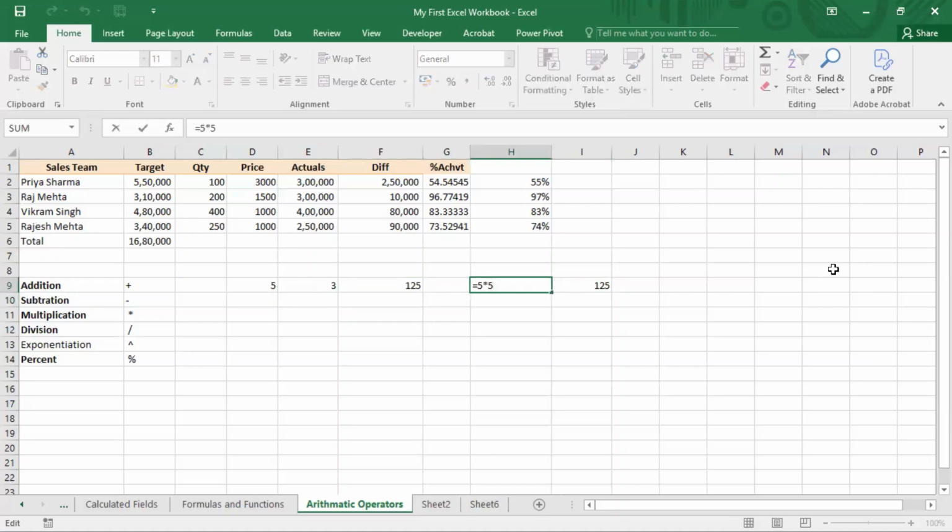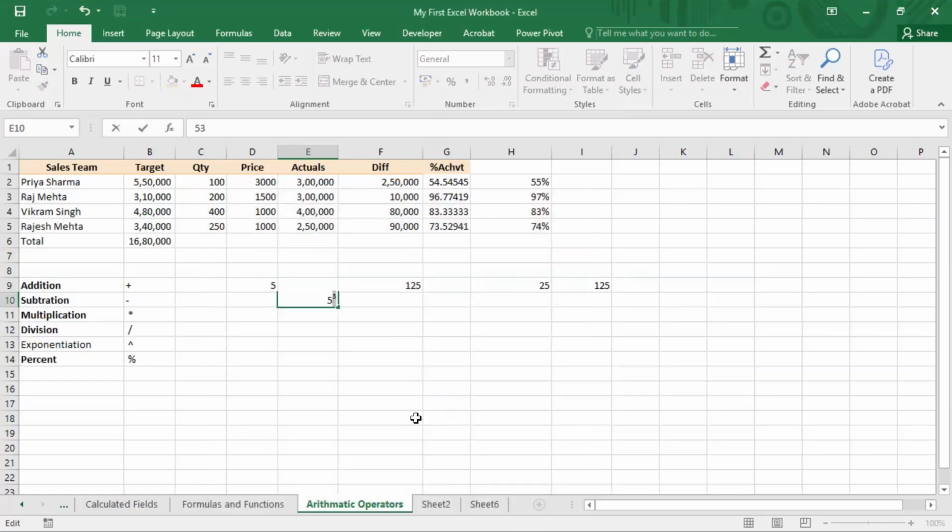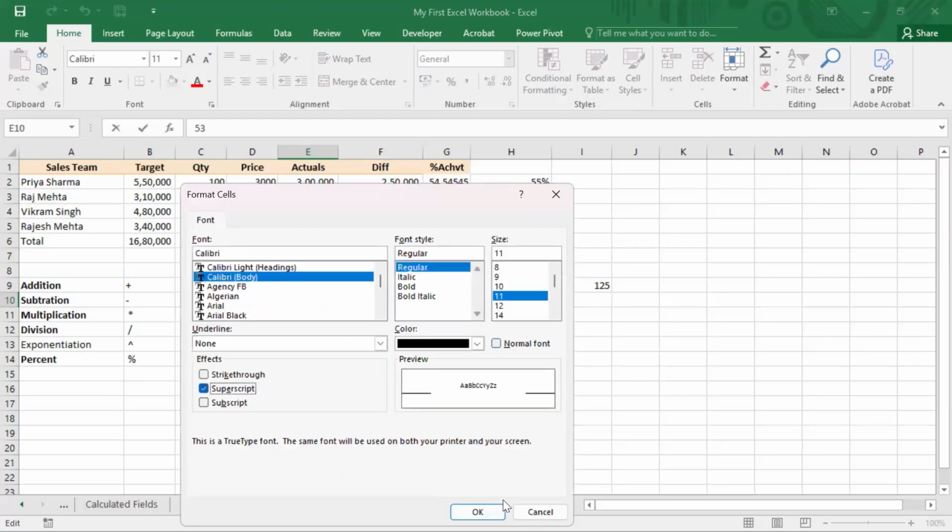So when you are squaring, cubing, usually in mathematics it is written as 5 and 3, but this 3 is written in a superscript. I'll show you how it is written. If I format this cell and I say superscript, okay, you'll find this 3 going up. Format cells, superscript, I say okay.